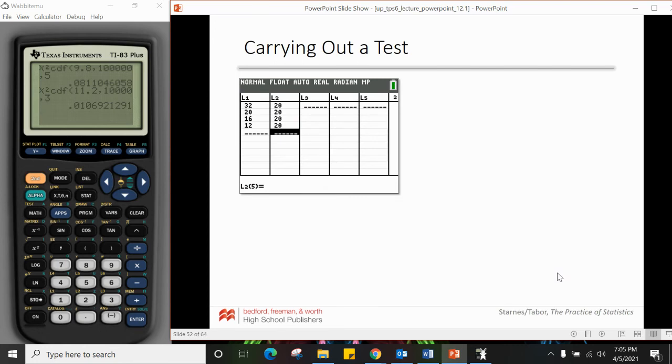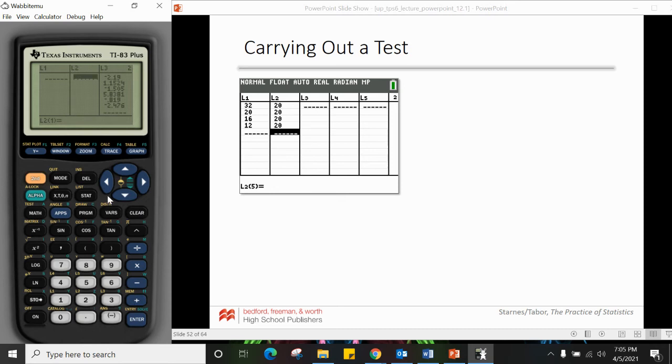All right. If you want to do this in your calculator, let's go into the stat, edit. My lists are very clunky, but that's okay. You want to put your expected in one column and your observed in the other.